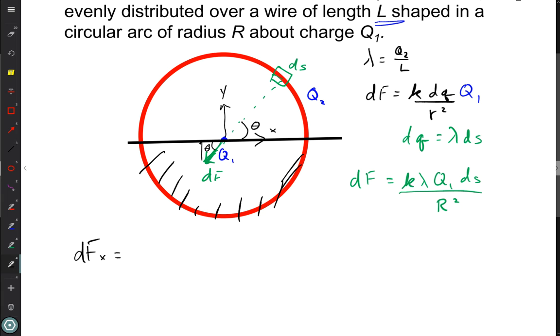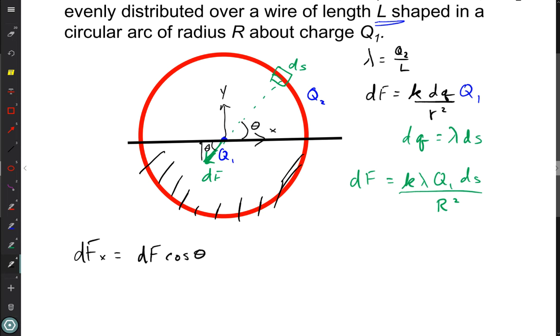So what would dF in the x direction be if I have that angle theta? In terms of dF magnitude, how much of the dF is in the x direction? The x direction is the horizontal, which is adjacent to the angle, so that means it's going to be cosine theta.